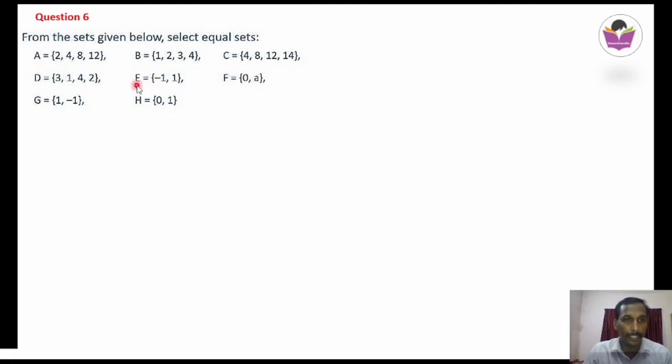That means here E has minus 1 1, and when you check G, there also minus 1 and 1 is there. Of course the order is different, but they are exactly the same elements. So there are 2 pairs that are equal: one is B and D, and another one is E and G. So these are the 2 equal sets from the given sets.